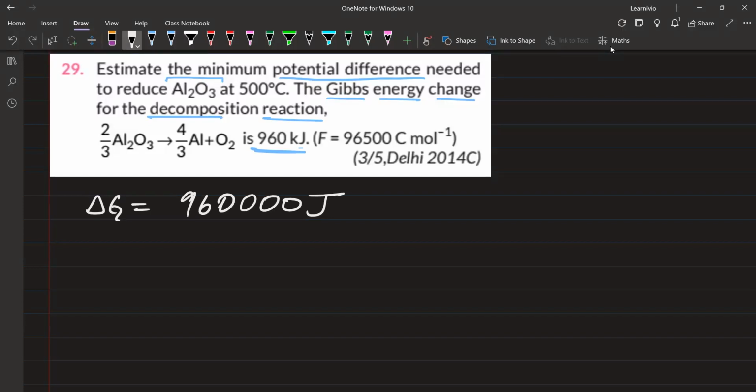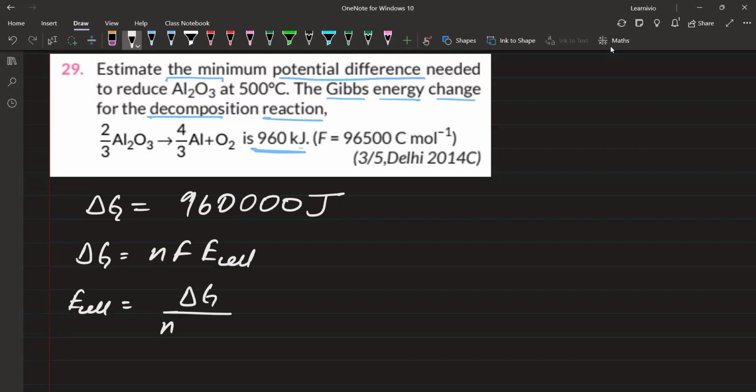So this is the delta G, the energy change for the decomposition. Here we are giving energy in this case. And what is the formula? Delta G is equal to nF E cell. We need to calculate the E cell, which will be equal to delta G divided by n into F.